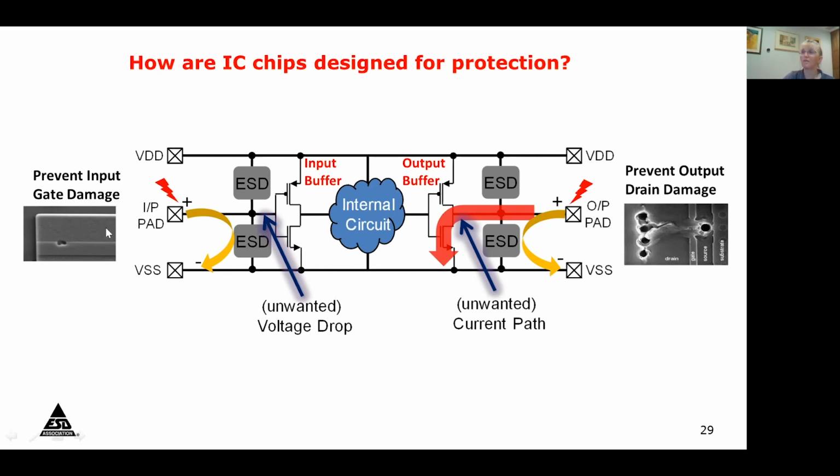So if we look at, for example, an input pair, the input pair would have an ESD strategy that ensures there's a path between the input pair and VDD, and the input pair and ground. The typical damage that we see at the input device would be something like a gate oxide pinhole. So this is what we want to prevent. And the typical damage at an output device is source-drain damage. And this is also what we want to prevent.